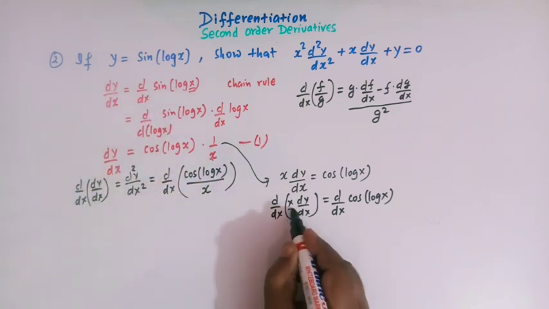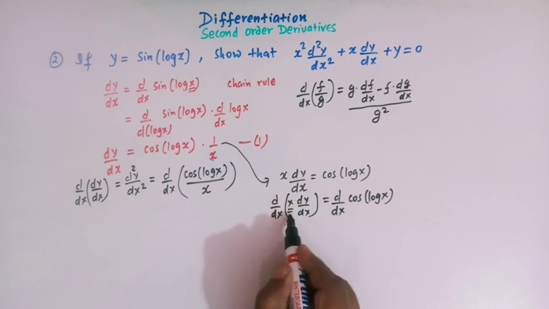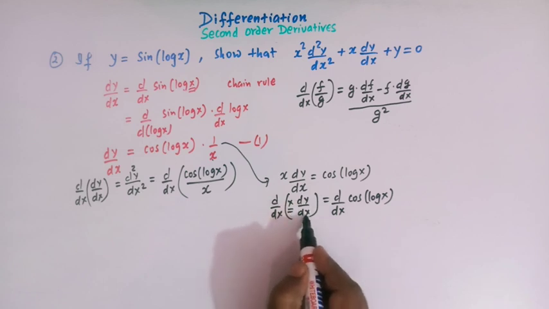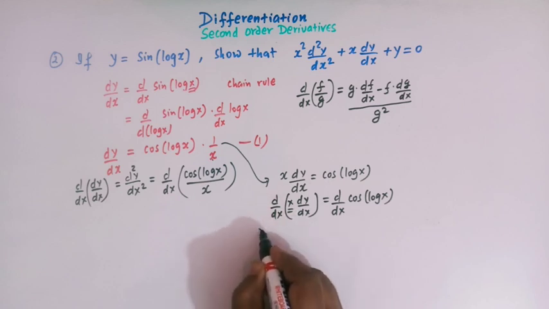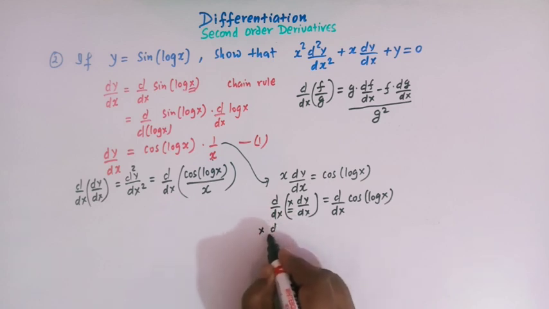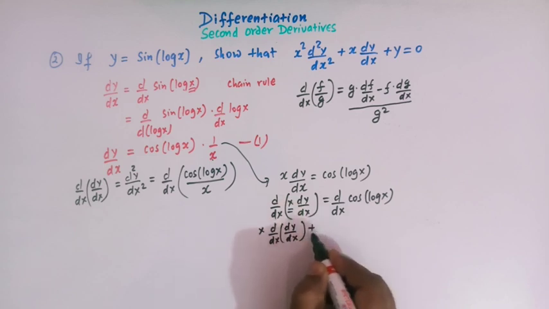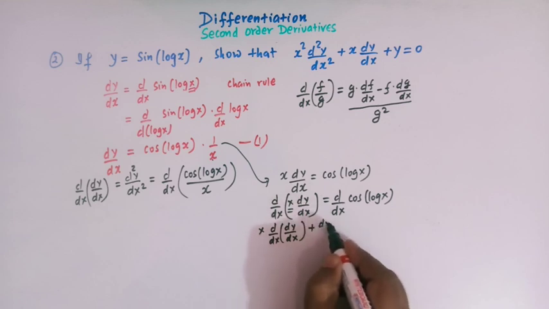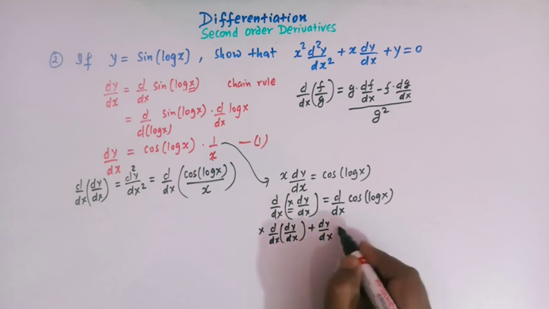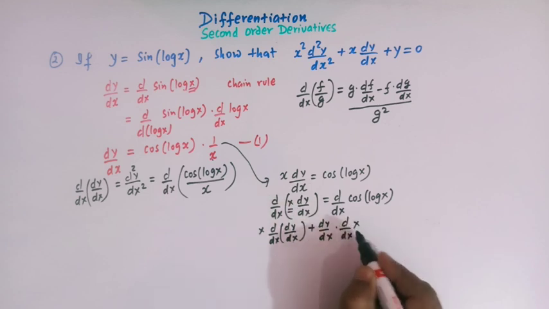So here we have now two functions. This is the first one, this is the second one, right? So x is the first function, dy over dx is the second one. So we'll use the product rule, right? So first function is x, then derivative of second function, which is dy over dx, and then the second function, which is dy over dx, and then we have the derivative of x, right?